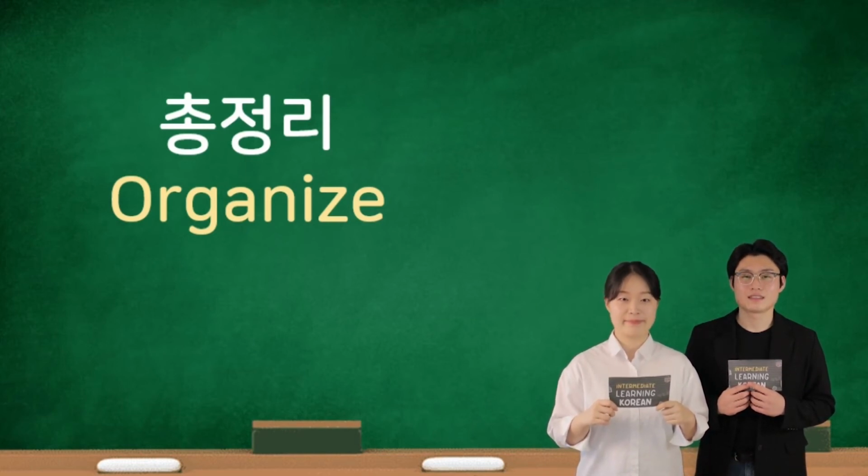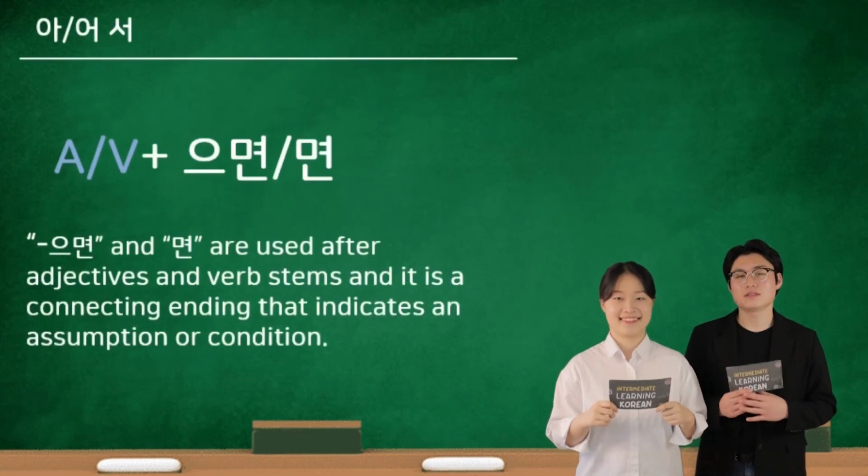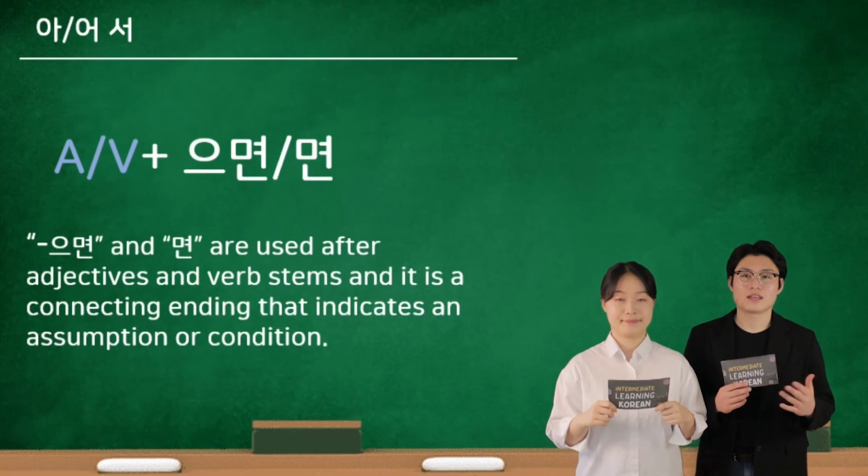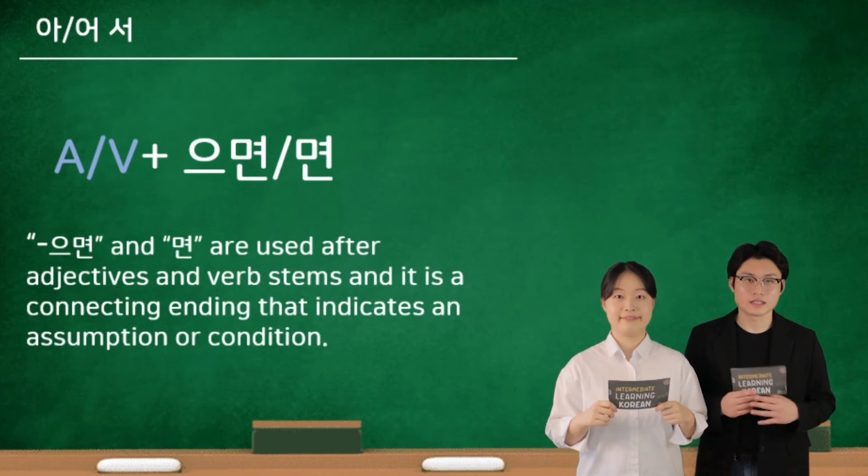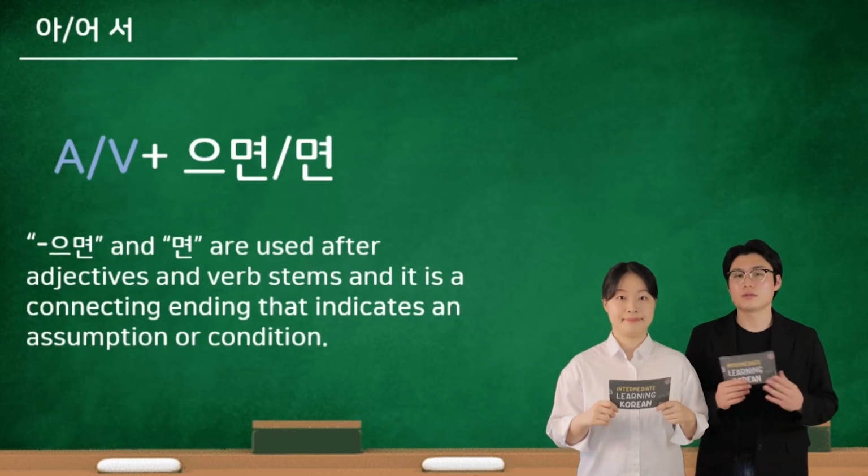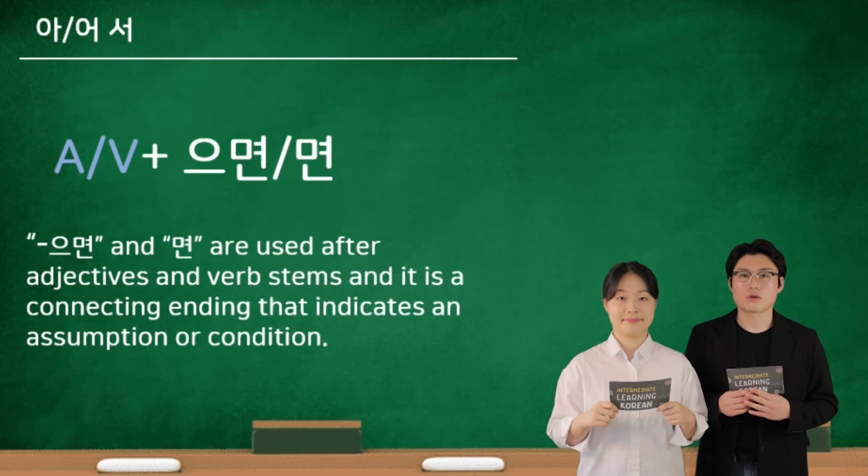This is the second example sentence. 상한 음식을 먹으면 배탈이 나요. In this sentence, 먹으면 is an expression created by adding 으면 to the verb 먹다. The front sentence is 상한 음식을 먹다.